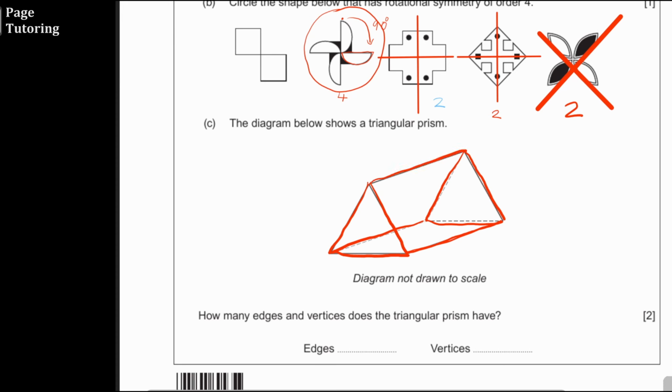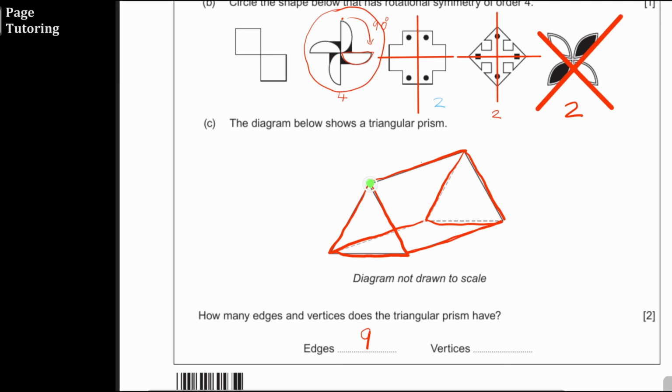So let's count them up. We've got 1, 2, 3 on that end, 1, 2, 3 on the other end, and then for the middle we've got 1, 2, 3. So that gives us 9 edges in total. So where are the vertices? Well, vertices are where lines meet. So I'm going to do this in green. So where are all these lines meeting?